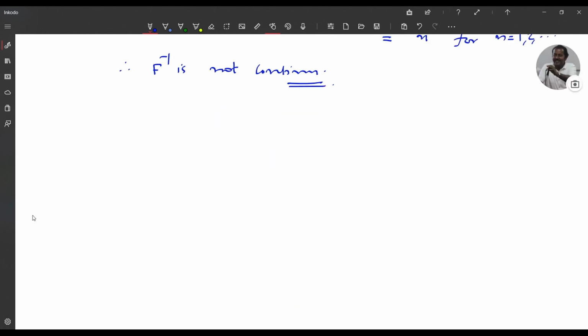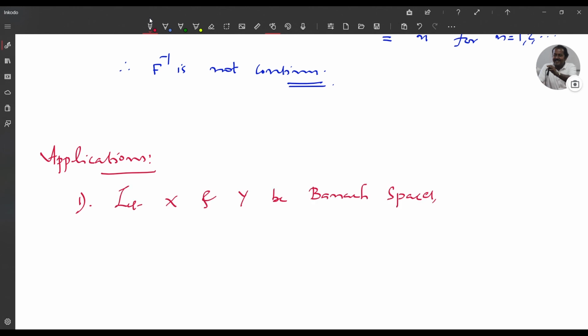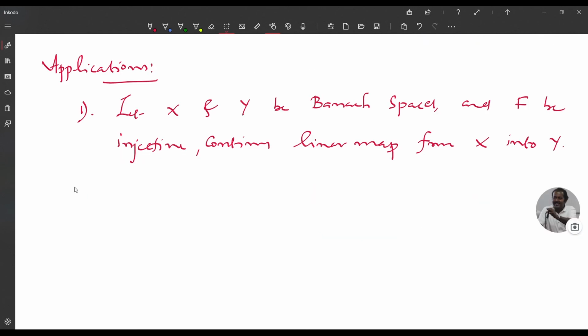Now we write some applications of the bounded inverse theorem. First application: let X and Y be Banach spaces and f be an injective continuous linear map from X into Y. If f inverse from Y to X is known to be discontinuous, then f cannot be surjective by the bounded inverse theorem.